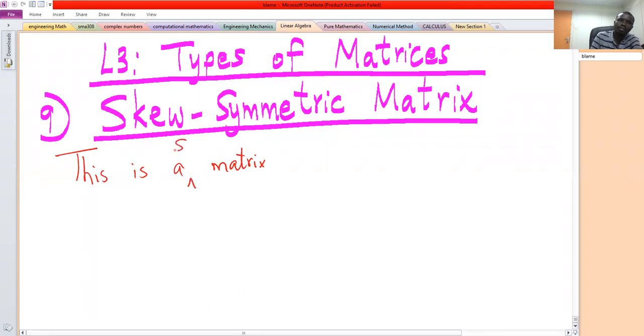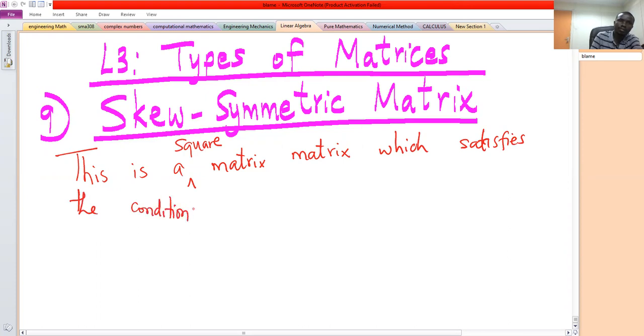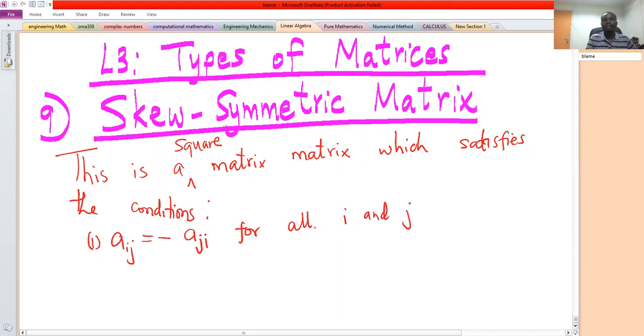A square matrix which satisfies the conditions: one, that Aij is equal to negative Aji for all i and j, all values.